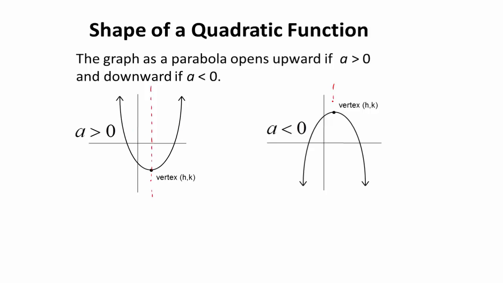Okay, so it's symmetric about the vertical line where it passes through the x-coordinate of the vertex. So here, this is the h, and that's your k. Here is h, and there's your k. That's why those are the coordinates.